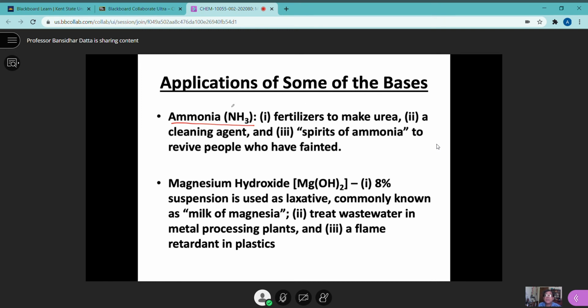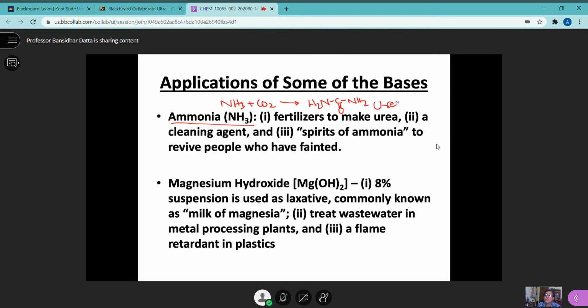So urea is basically, you have NH3 gas, of course, and you take carbon dioxide, CO2, and I'm not balancing it. You get this compound, H2N-CO-NH2. I'm not balancing it. And that's our urea.